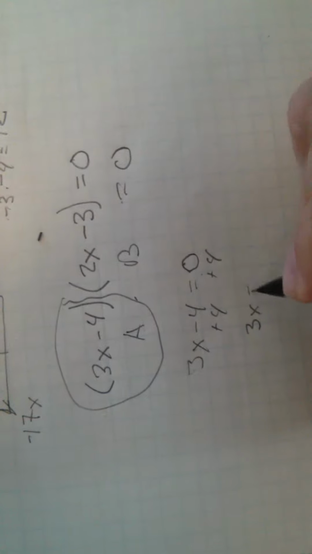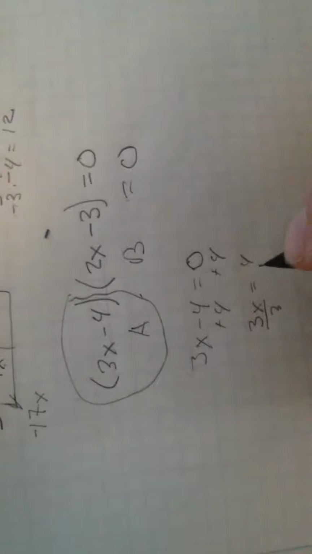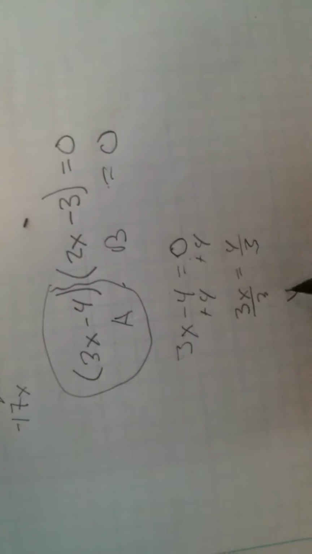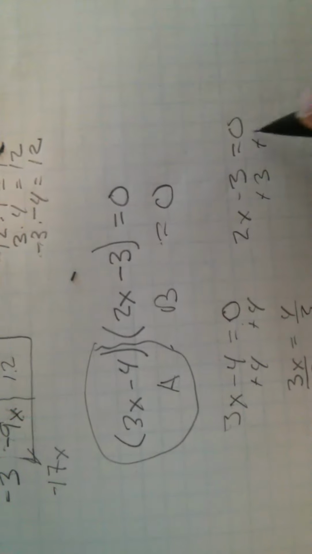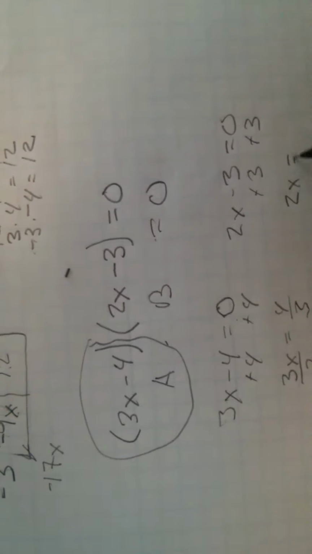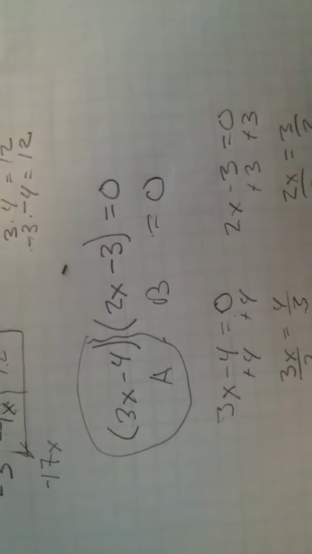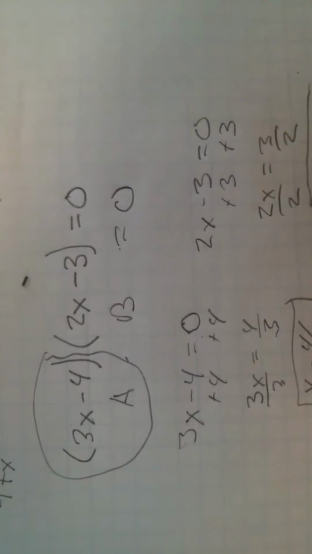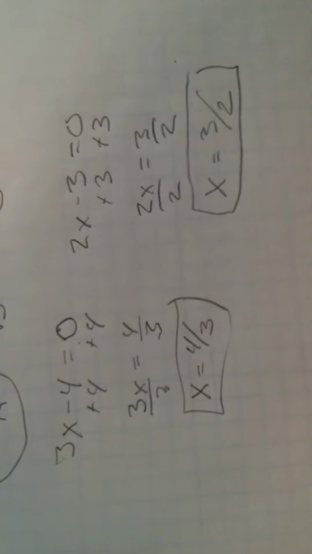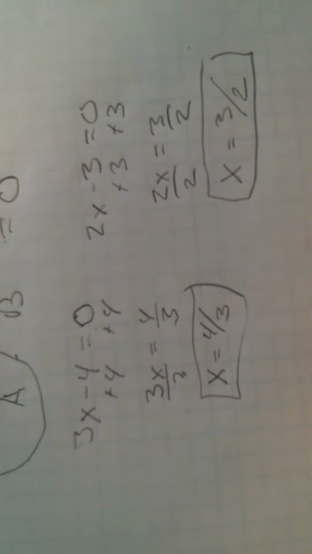So 3x equals 4. Divide by 3. X equals 4/3. Or we take 2x minus 3, set that equal to 0. Add 3. 2x equals 3. Divide by 2. And x equals 3/2. So those are our two possible answers.